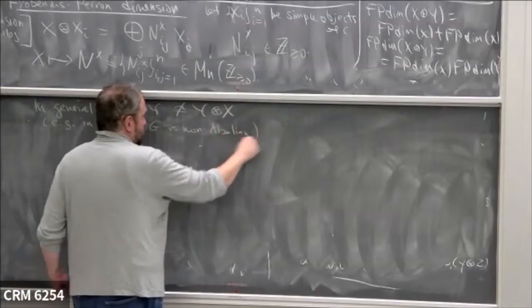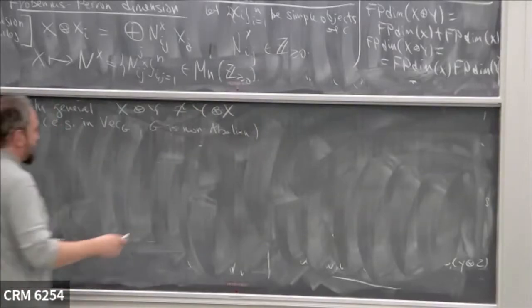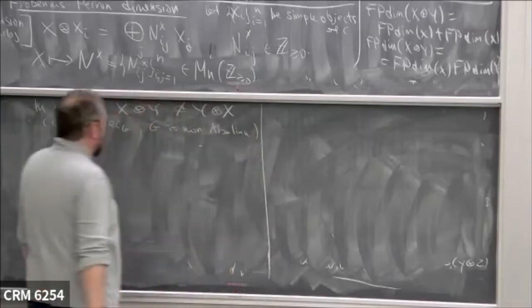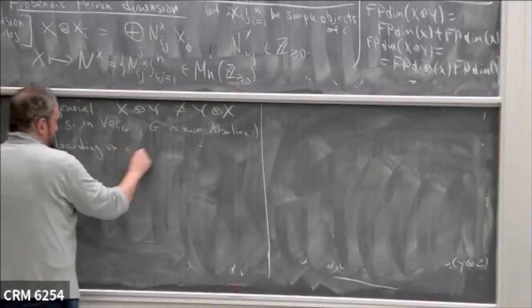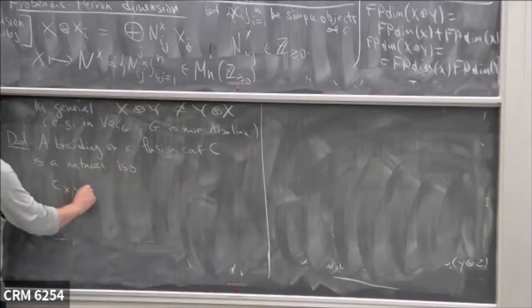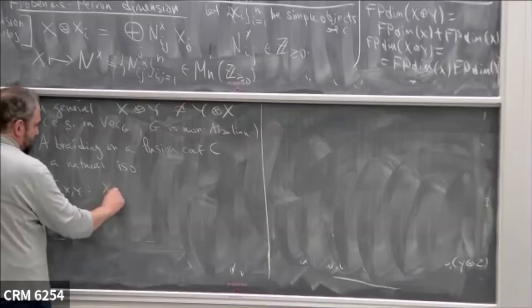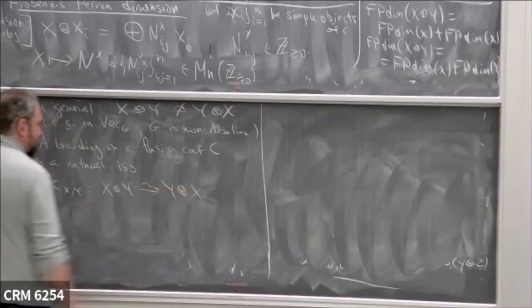In this case, the tensor product is just the multiplication in G. Now, we would be interested in categories where X tensor Y is isomorphic to Y tensor X. So we define a braiding on a fusion category C as a natural isomorphism from X tensor Y to Y tensor X for any pair of objects.